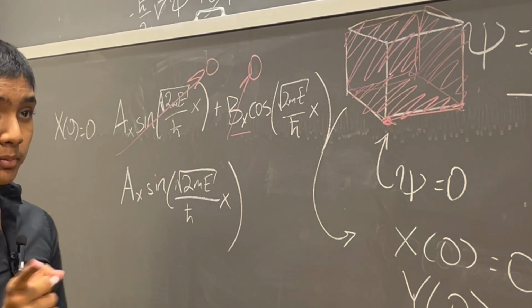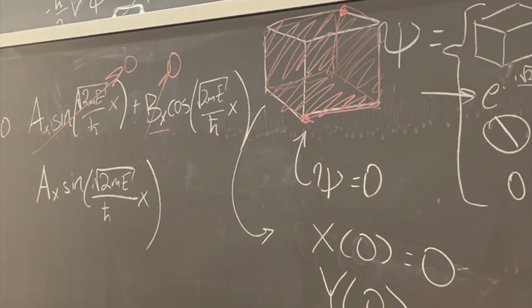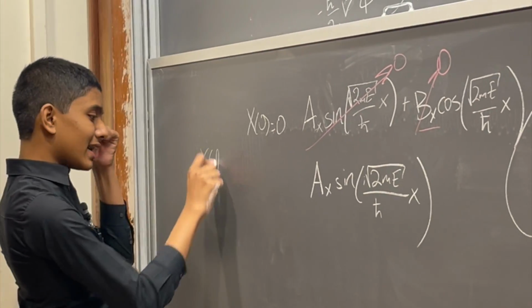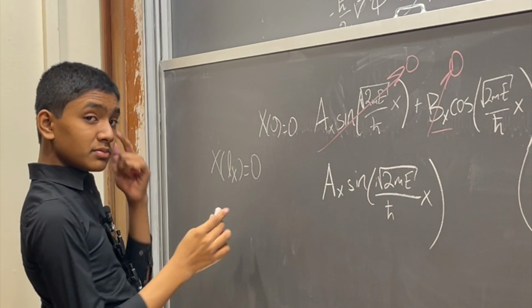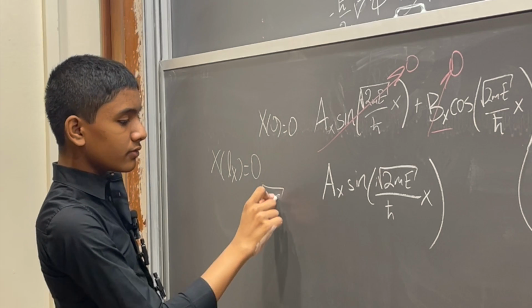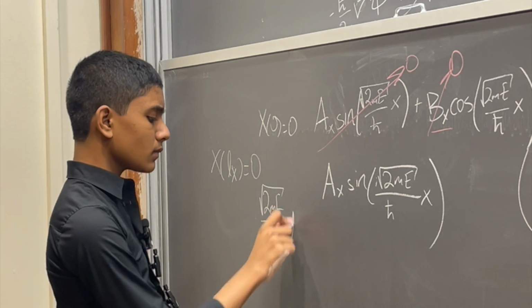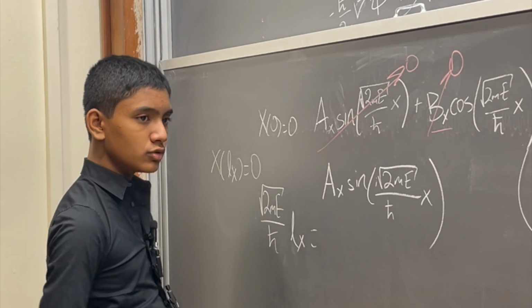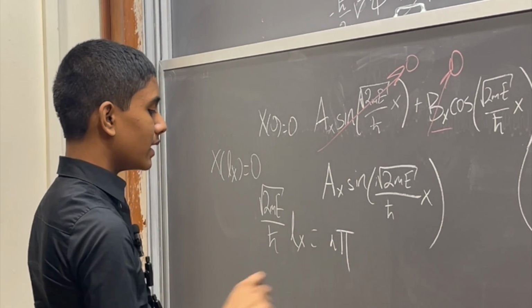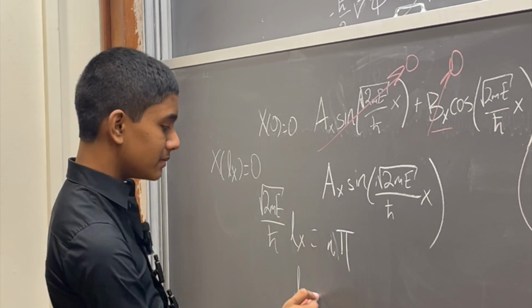And not just that, remember that it's got to be 0 at the other corner too. It's got to be 0 when x is equal to Lx. So X of Lx has to be equal to 0. Which implies that the square root of 2me over h bar multiplied by Lx has to be equal to n pi for some integer n, which sets a limit on how big Lx can be.